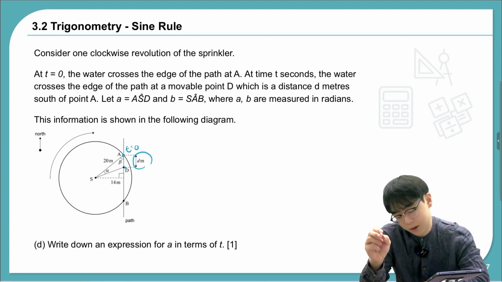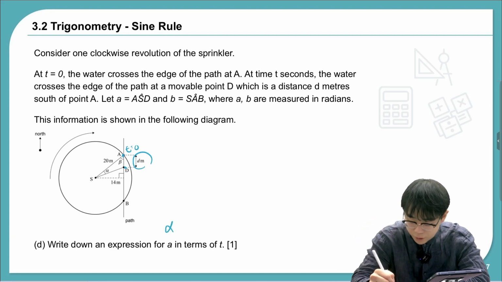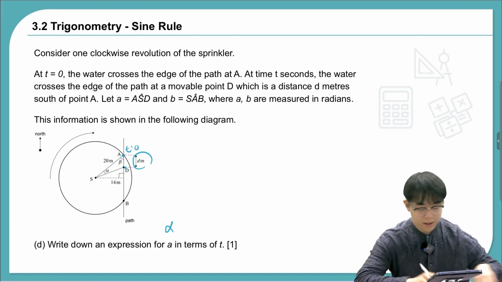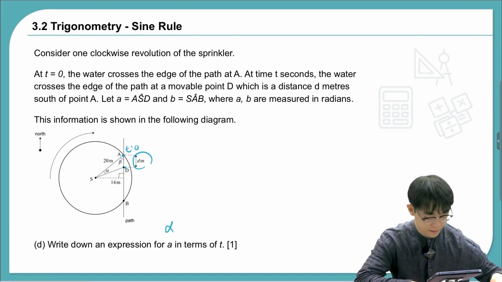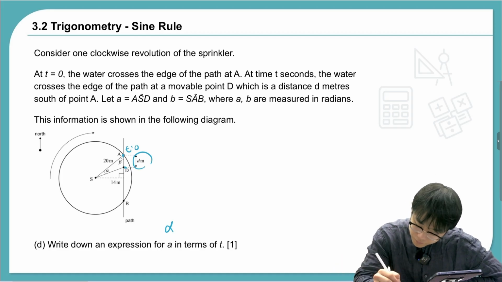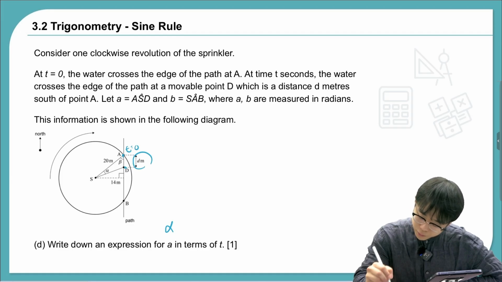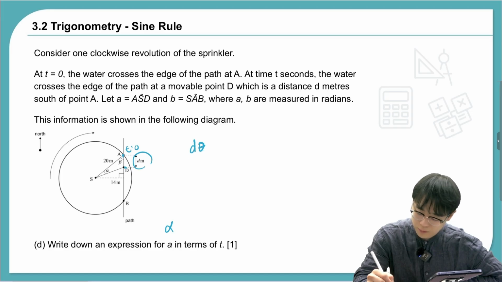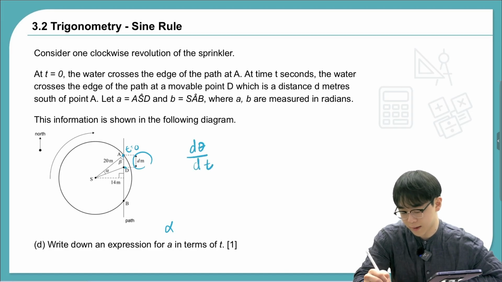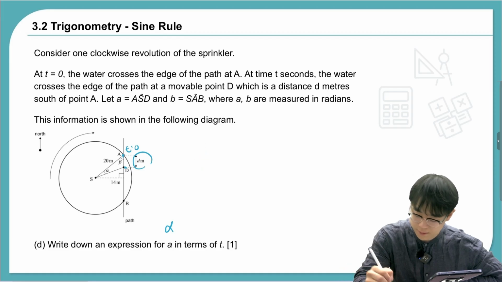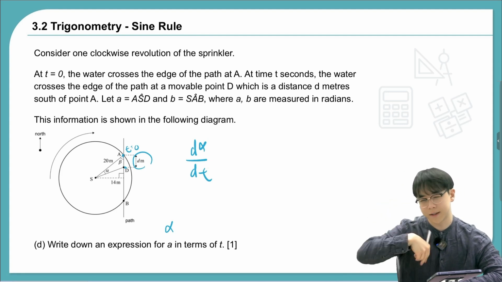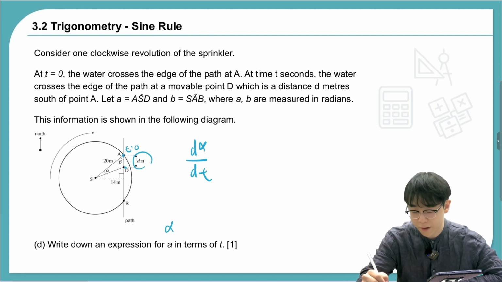So let's write an expression for alpha in terms of t. If you want to do that, we just need to look at how t is set up. We figured that the speed of rotation, so if you were to write d theta over dt, or actually let's write d alpha over dt. We know that the sprinkler is rotating at this constant angular speed of pi over 8 radians per second.